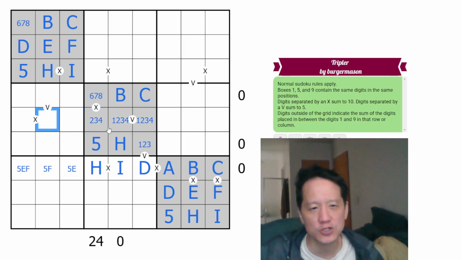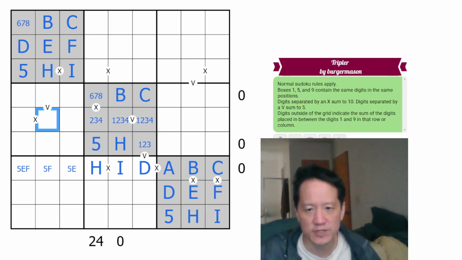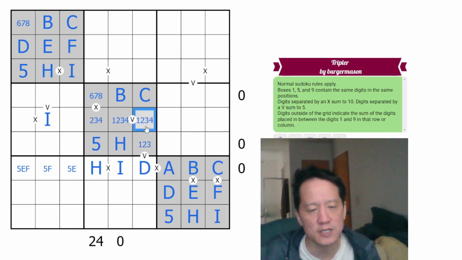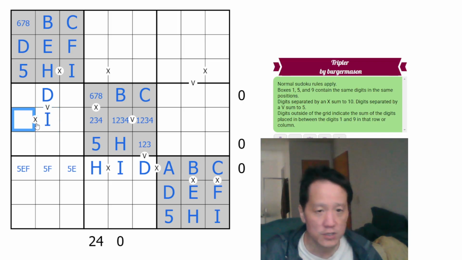The last digit has to be the remaining digit here, right? Because this is 1 through 4 also. Well, of the digits that those are, it has to be I. So this specifically has to be I. And I can only be next to D to add up to 5. So this is D. I also adds up with H to add up to 10. So this is H then. So this is H, this is I.